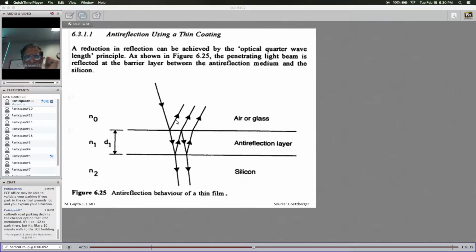The transparent film has a different refractive index than silicon and even air. So now you have created different interfaces. One is between air and the film. There is a difference in index, so there will be reflection at that interface.